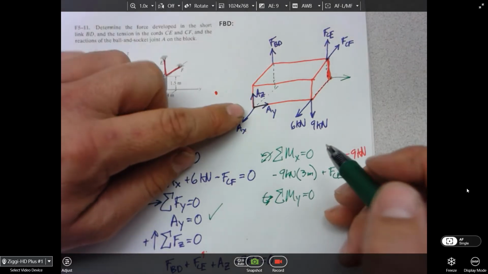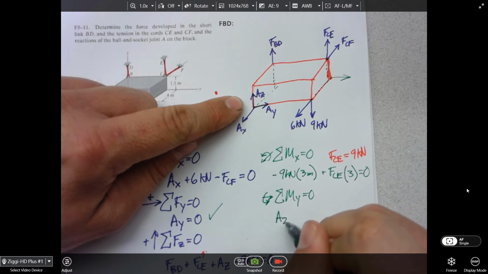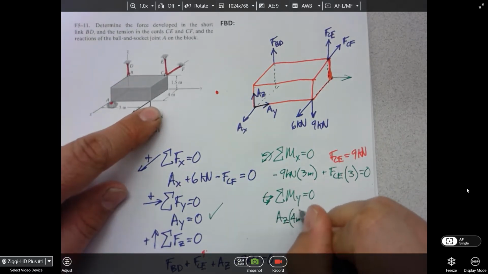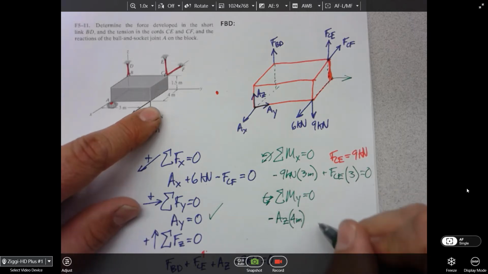So then that leaves me A sub z times 4 meters, positive or negative? Negative. What else? Yeah. Positive or negative?